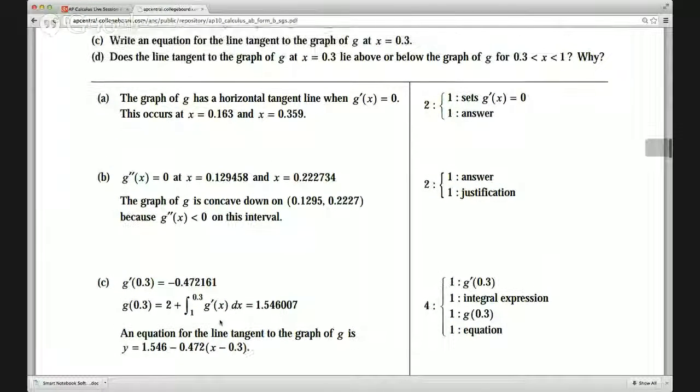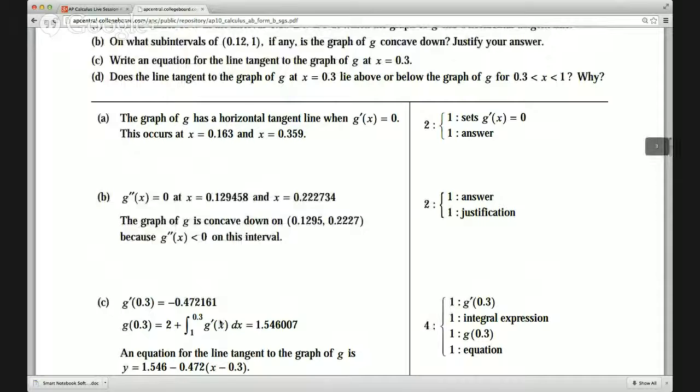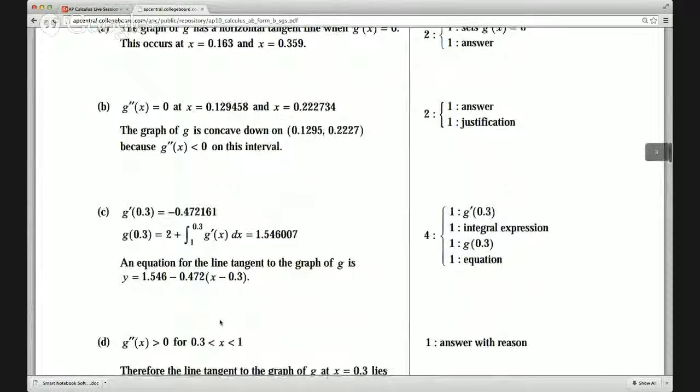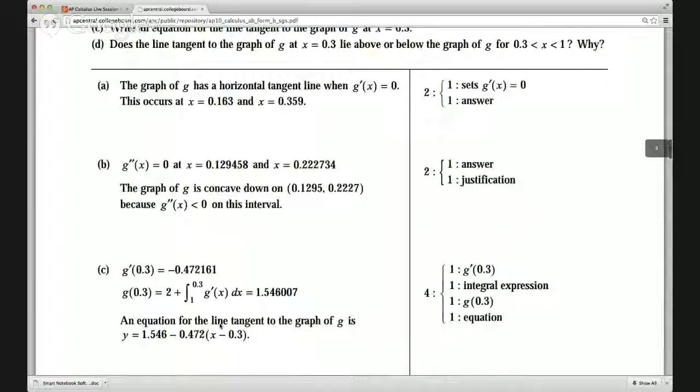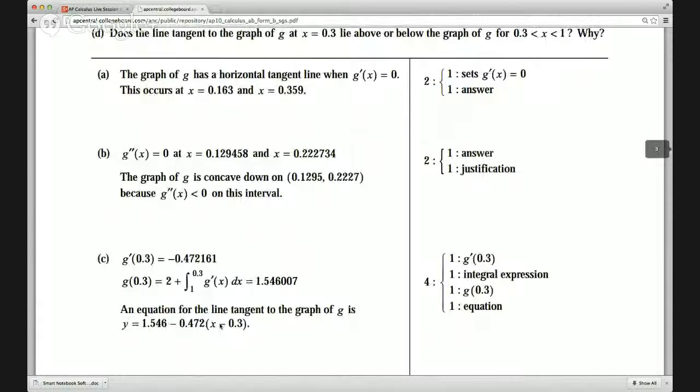And then lastly, does the line tangent to the graph of G at 0.3 lie above or below the graph of G for 0.3 to 1? This is a question that's asking about concavity, which is a different way of asking about it. When functions are concave up, the tangent lines lie below them.